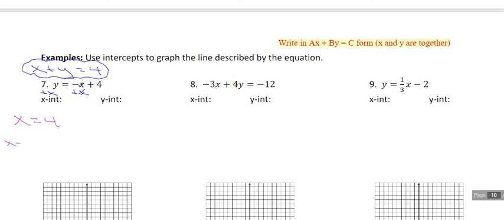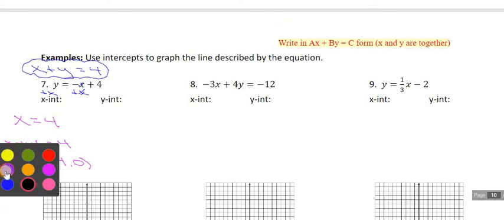So our x-intercept equals 4, which is the ordered pair 4 for the x, 0 for the y. For the y-intercept, remember we want only y's. So let's pretend we're making the x go away. Well, what remains? It just says y equals 4. Okay, there's my y-intercept.